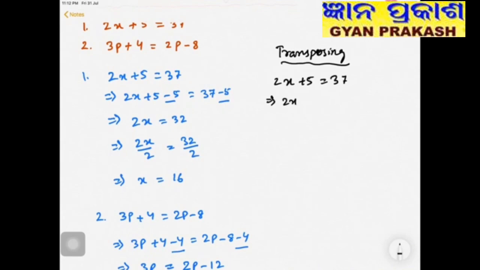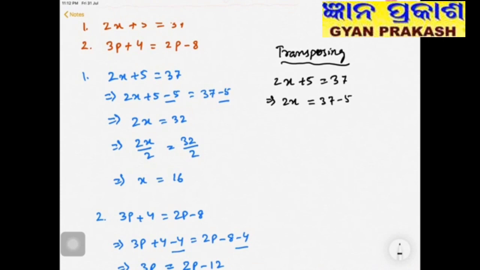Transpose means changing the sides. And when we change the side, that means from LHS to RHS, then the reverse process is done. That means if we take plus 5 to RHS, it will become minus 5.